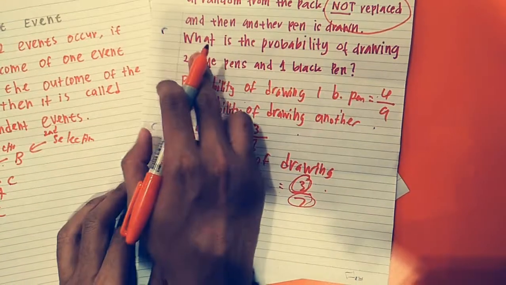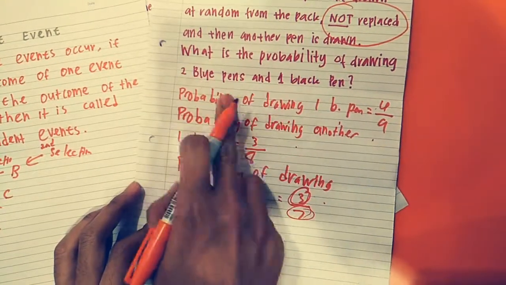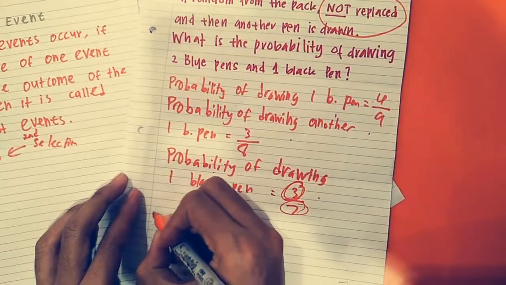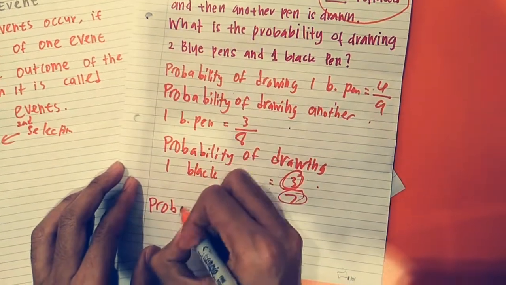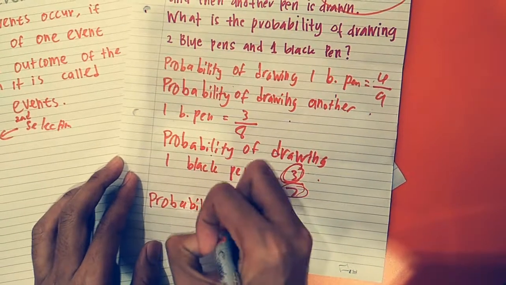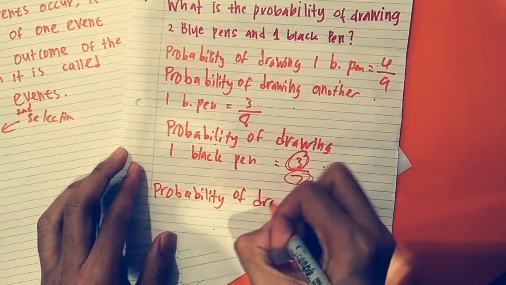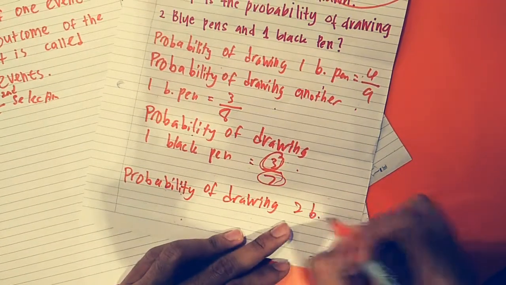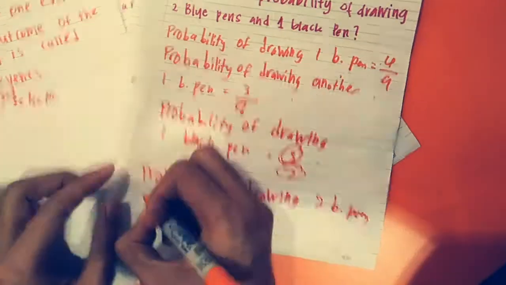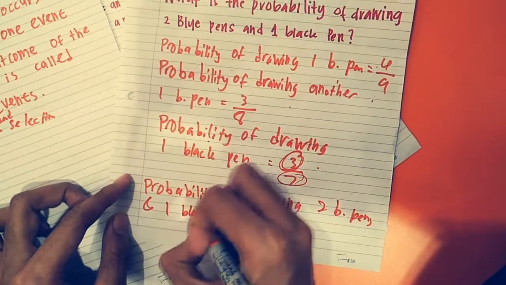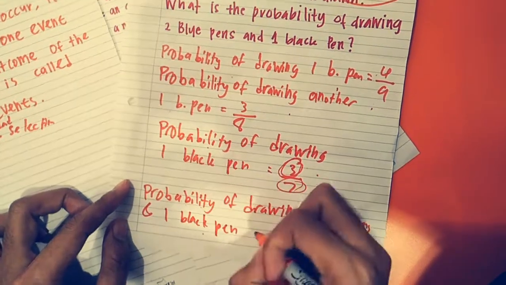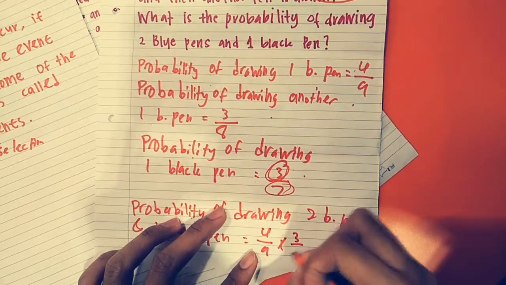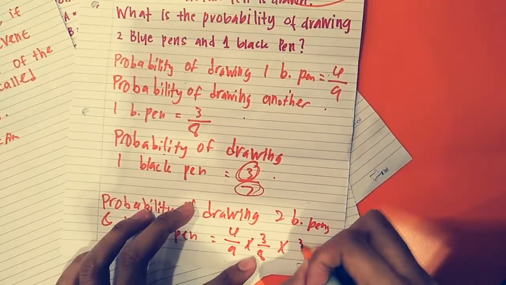Okay, now we want to find the probability of drawing 2 blue pens and 1 black pen. We just multiply them. 4 over 9 times 3 over 8 times 3 over 7.